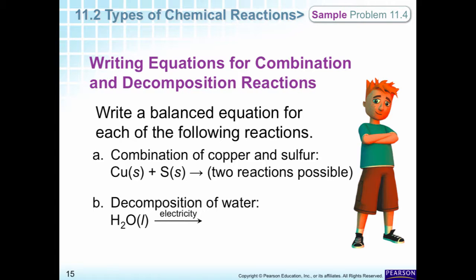So we know we're going to make a compound with copper and sulfur, copper sulfide, but we also know copper is a transition metal, so it could be one of two things: either copper 1 sulfide or copper 2 sulfide. For decomposition of water, we have H2O, so we must make hydrogen and oxygen. That's the only possibility we could get.